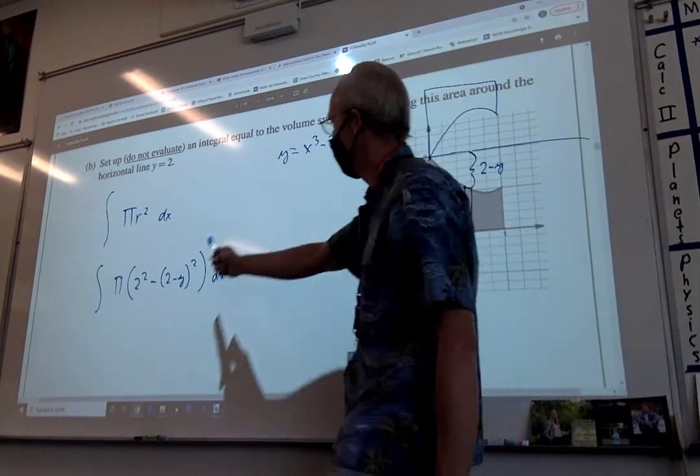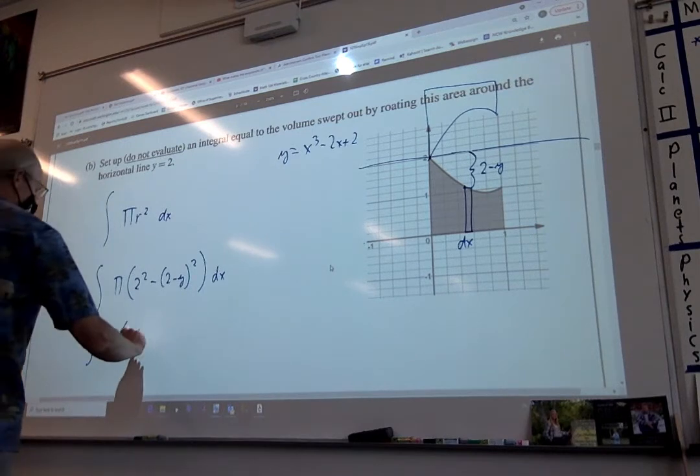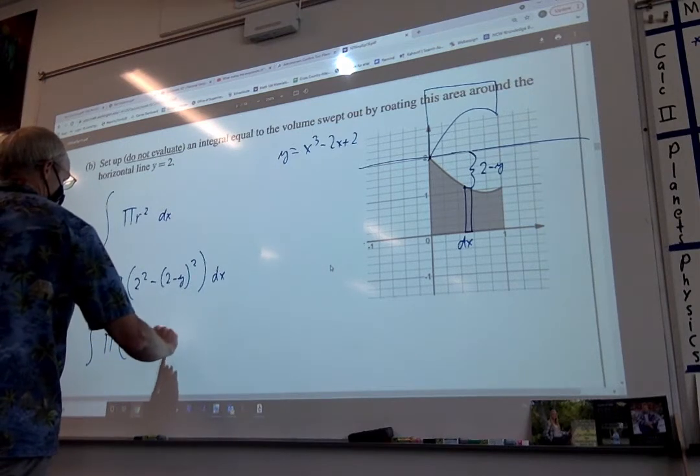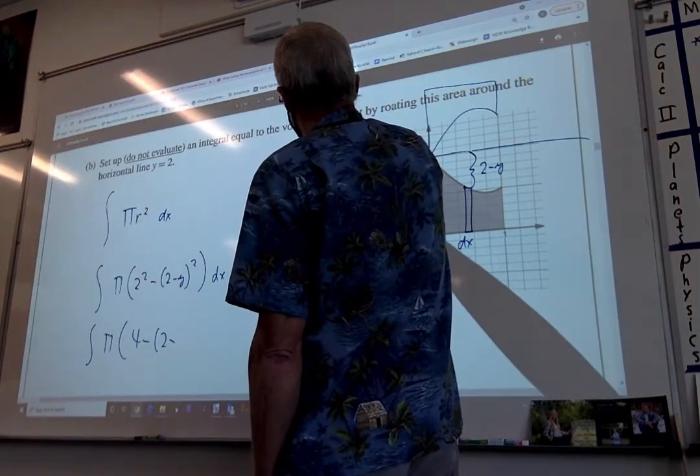We plug in y, we plug that in, right? So it's the integral of pi times 4 minus 2 minus all this. The 2 is going to go away, right?